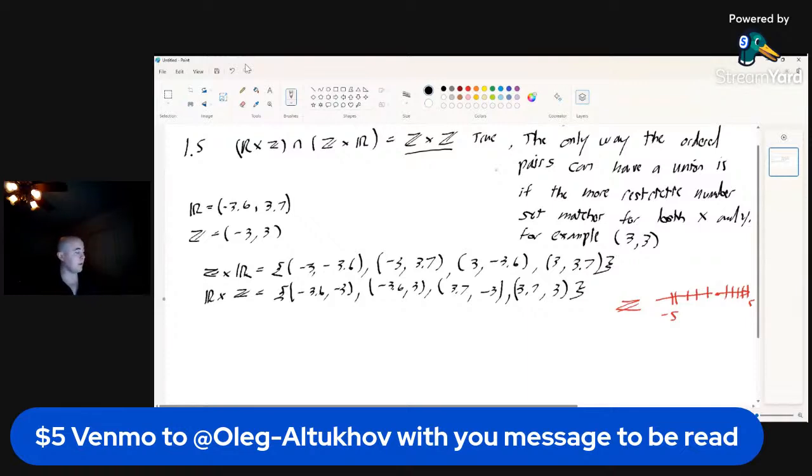Look at the z by r and r by z. There's no intersection. I intentionally made the r's, the reals, exclusive to the real set, and the integers are in integers, of course. They are represented in the real set, but I wasn't gonna make the reals integers because I could have, but that wouldn't tell me anything.